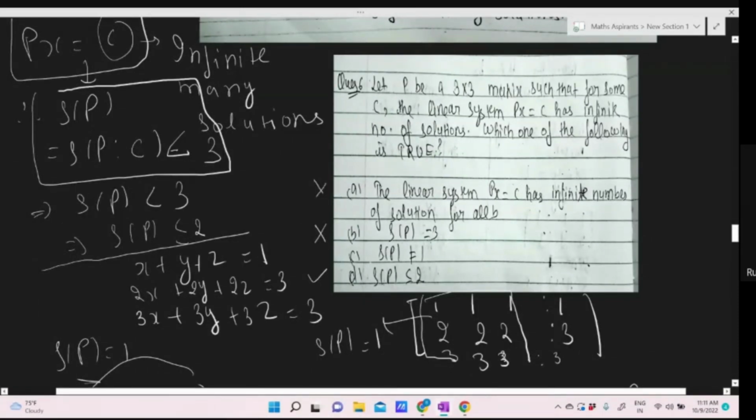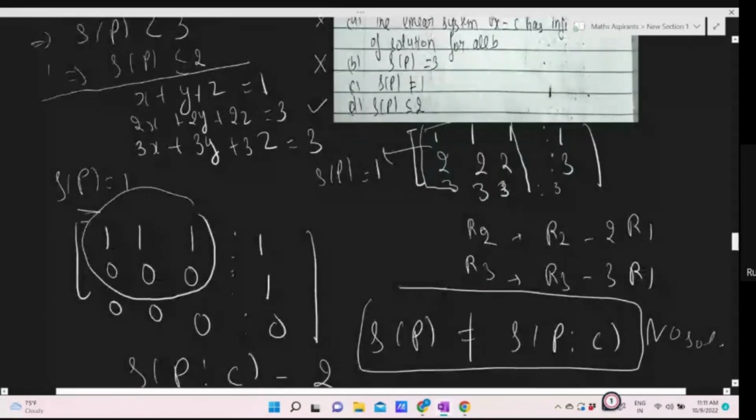Now, see option number C. Option number C says that rank of P cannot be equal to 1. If you take the similar example, here rank of P is 1, and option number C says that rank of P can never be equal to 1, which is also the incorrect option. Therefore, option number D is the only correct option out there.